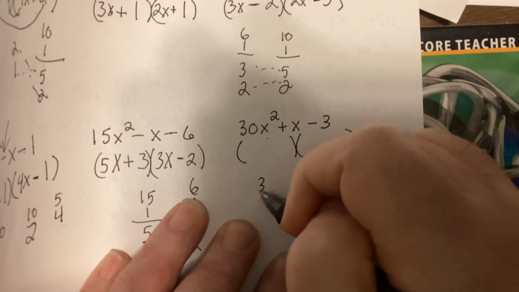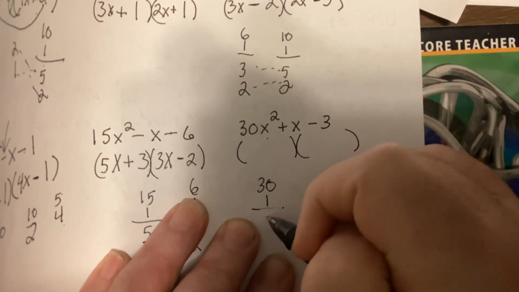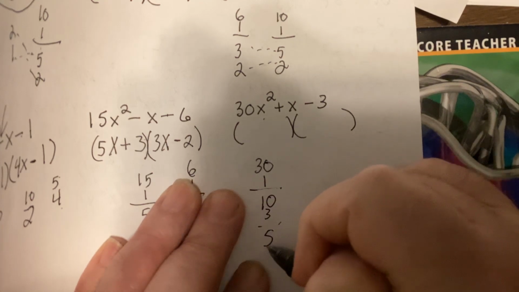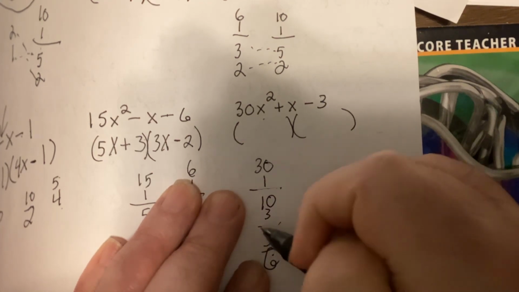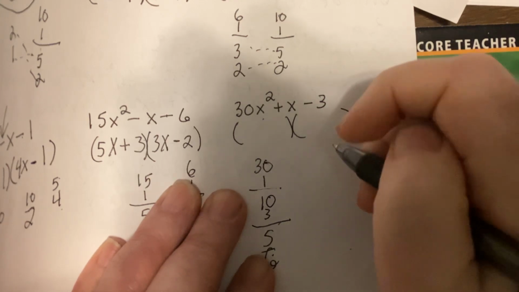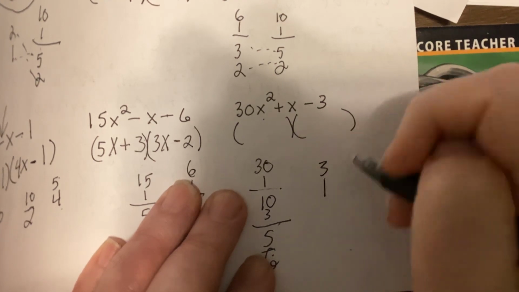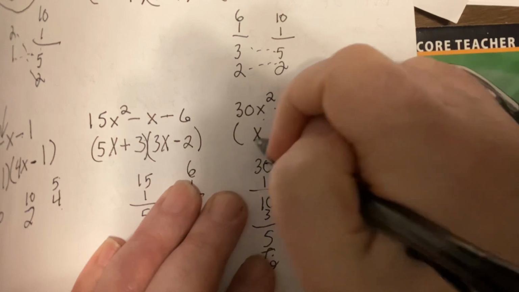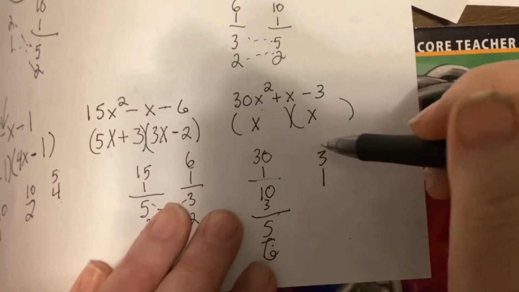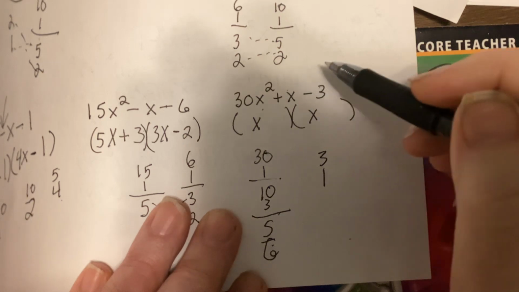So 30 is 30, 1, 10, 3, 5, 6. 3 is 3, 1. X squared is x and x. So I need a 1.